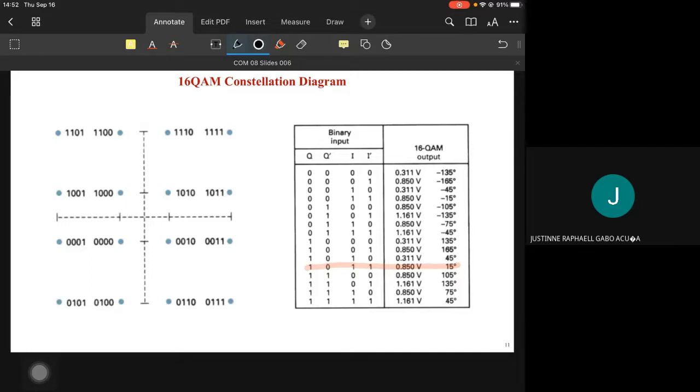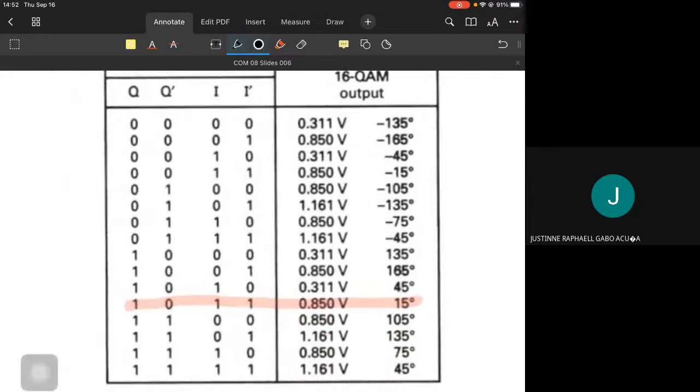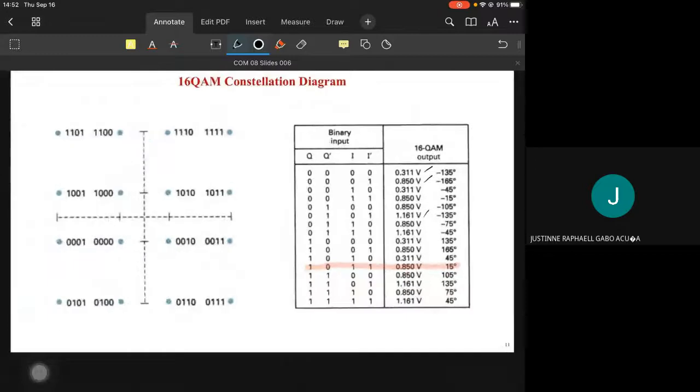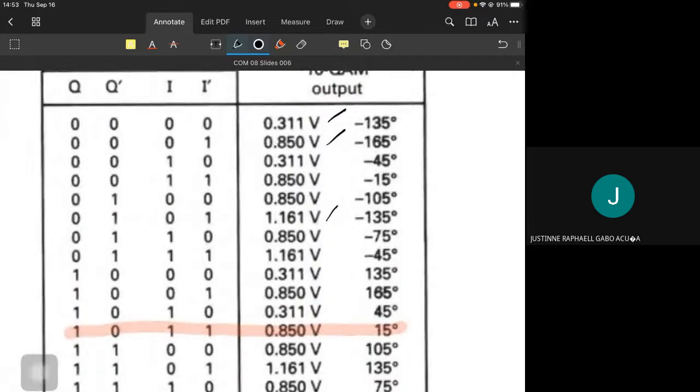Pila ba ka possible nga voltage levels here? 1, 2, 3. No, 3 yun, no? So, 3 possible voltage levels and 4 possible angles.